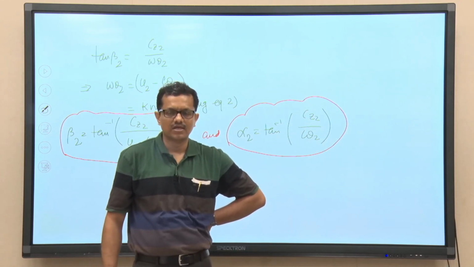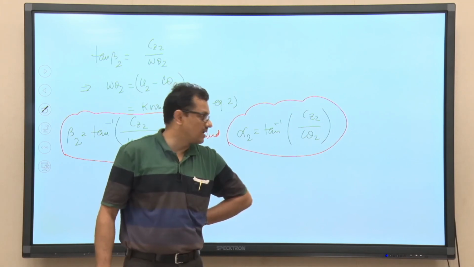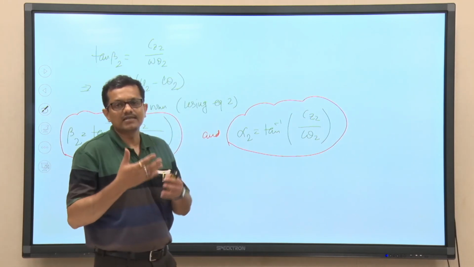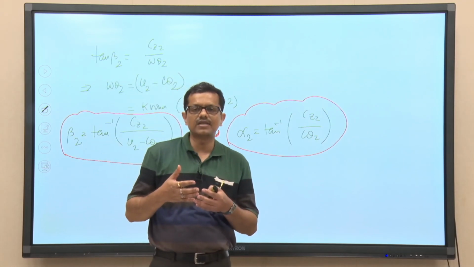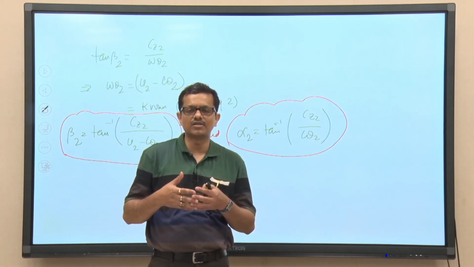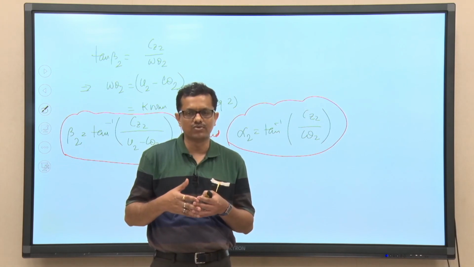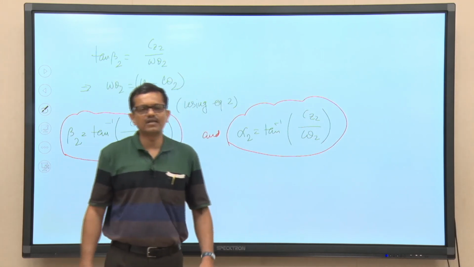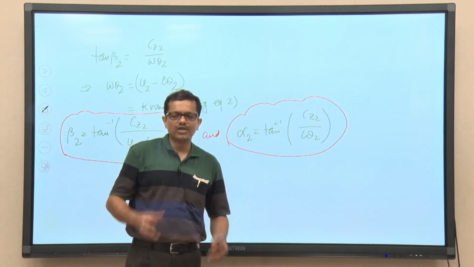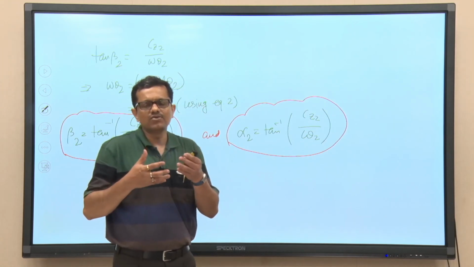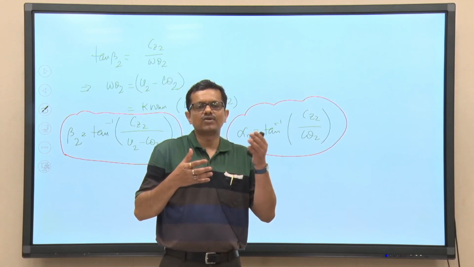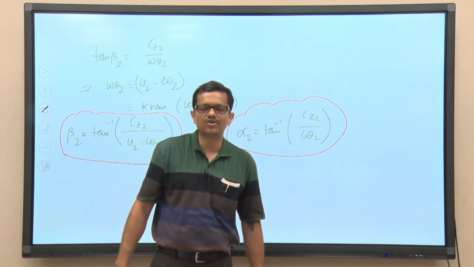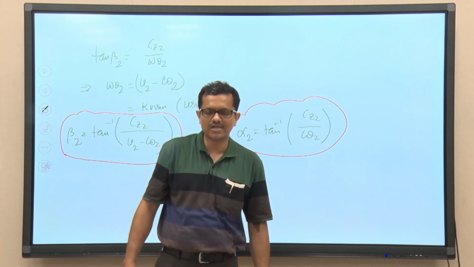The degree of reaction can be written in terms of beta 2 and the ratio of velocity components CR2 by U2. So, for a given CR2 by U2, if we design beta 2, then we can understand the degree of reaction, and from there predict the relative magnitude of the two components, velocity and pressure, developed by the pump.